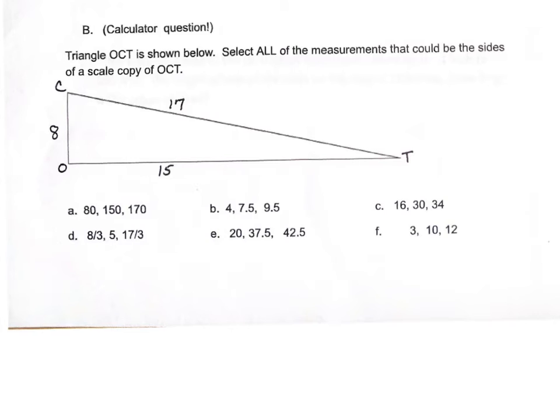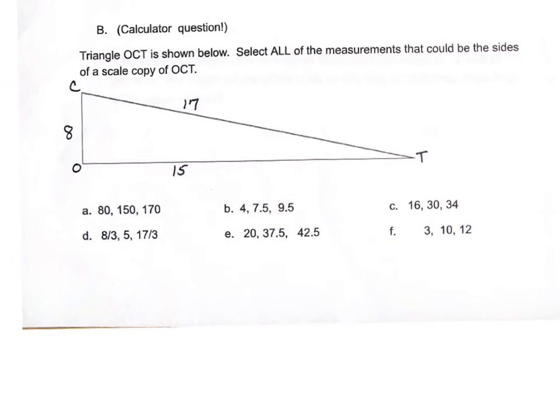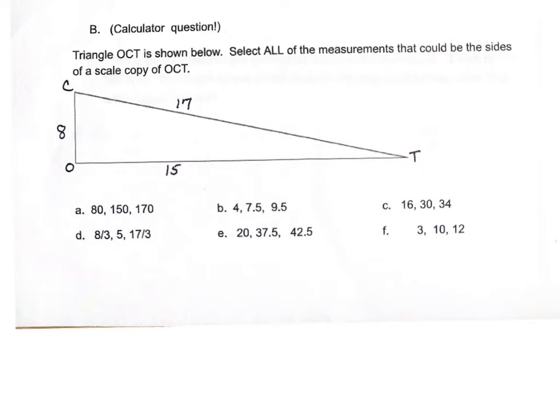To answer question B, it says triangle OCT is shown below. Select all of the measurements that could be the sides of the scale copy of OCT. So I'm going to make myself a little T-chart here. We have 3 sides that we need to look at. One side is 8, one side is 15, and one side is 17.